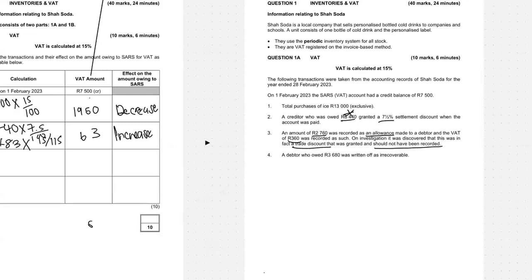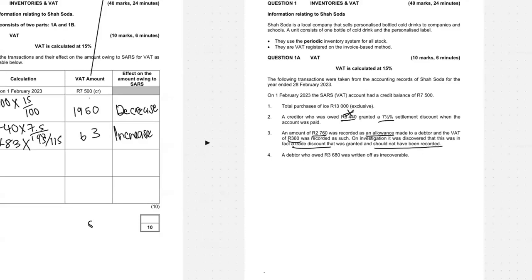So this 2,760 that was recorded in allowance was a trade discount, meaning you went to the store and you bought something, but then you didn't pay that 2,760. So it was not an allowance. It was just a discount that I gave you at the till. So it's not like a settlement discount. When you're given a trade discount, you just record the goods or whatever item that you purchased at the amount less the discount.